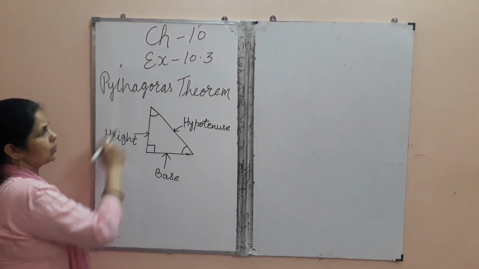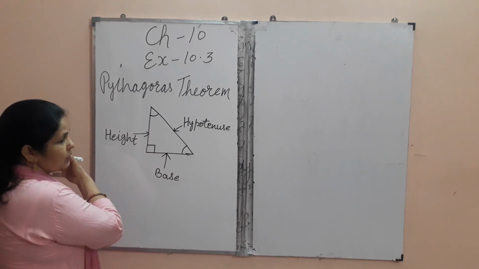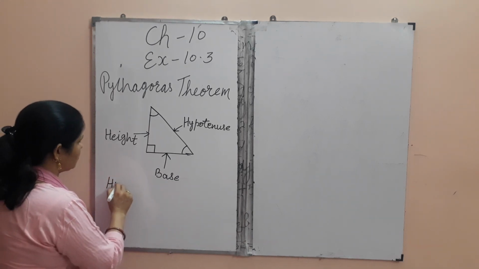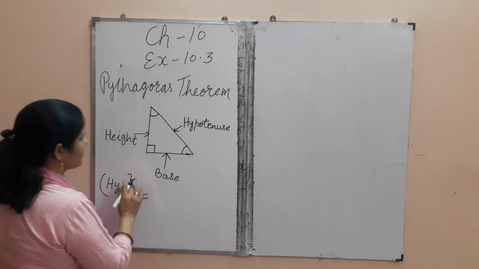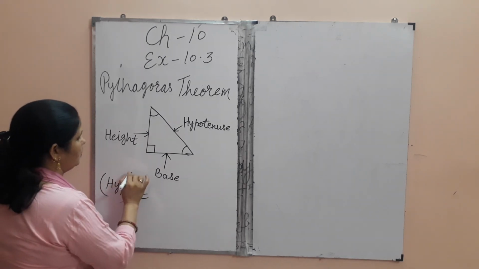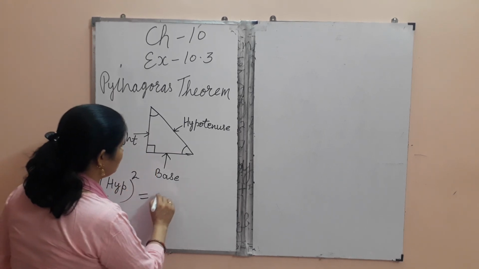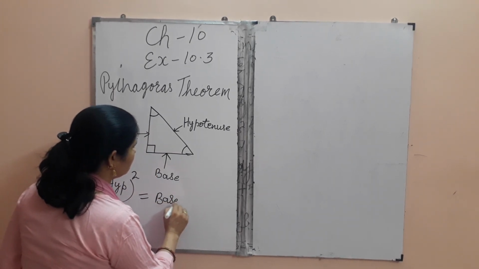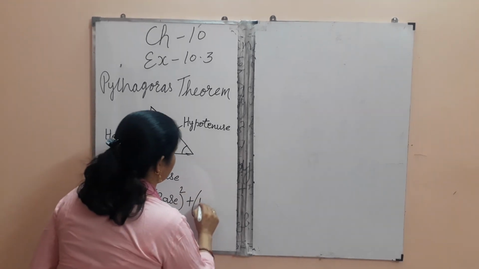So what the Pythagoras theorem says, according to the Pythagoras theorem, hypotenuse square is equal to base square plus height square.